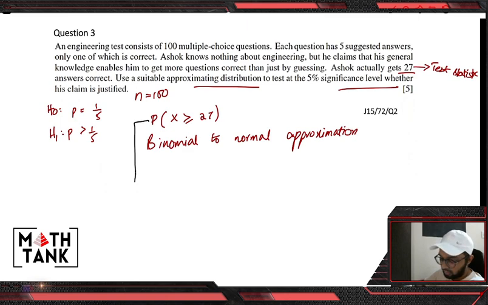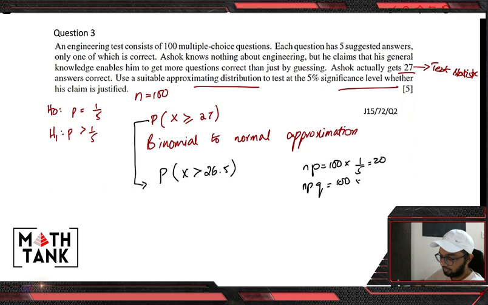So first I'm going to do my continuity correction, so this becomes X is greater than 26.5. Then I'm going to calculate np and npq. Let's see, 20 times 0.8 should give me 16.